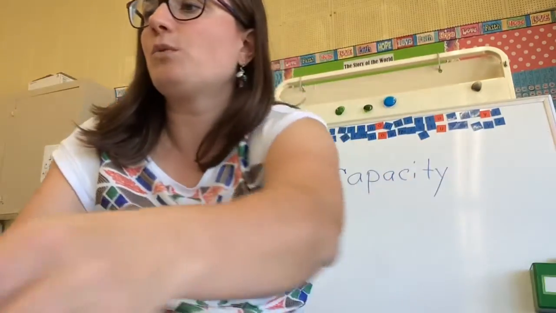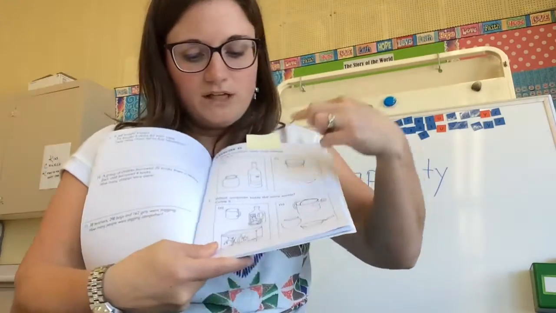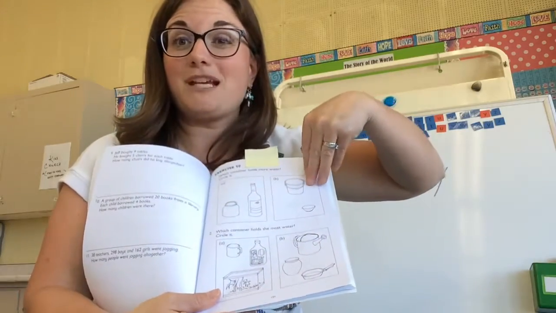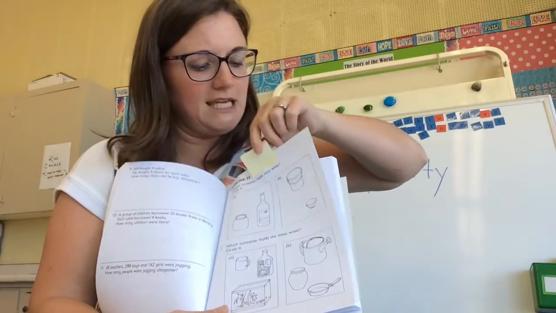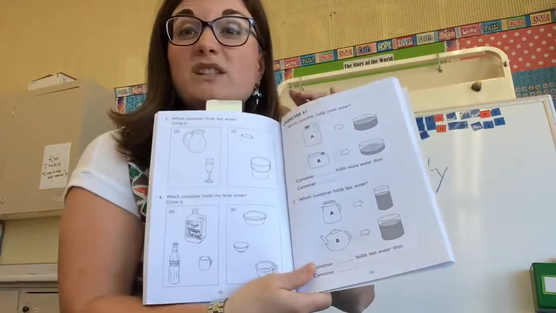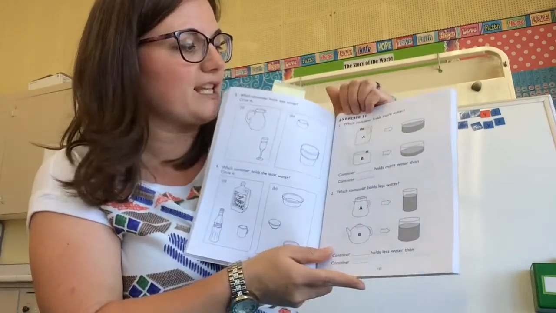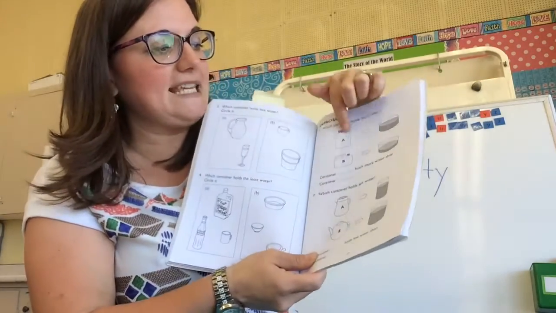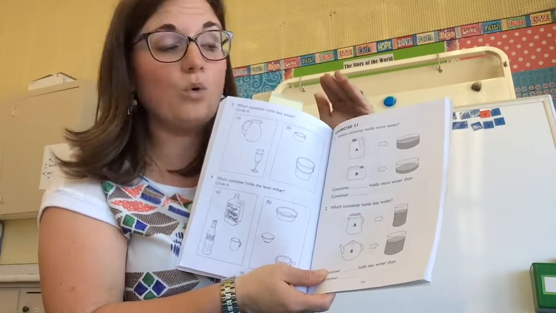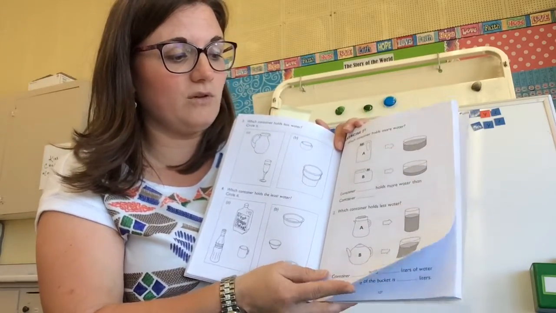When you're doing your work today, you're going to do 2 exercises. You're going to do exercise 50, where you're going to circle which one holds more water. Some of the pictures have 2 containers, some have 3. On the next page you're going to circle which one holds the least, the smallest amount of water. You're also going to do exercise 51, where we pour the containers into another container to see which one holds more, and which holds less.